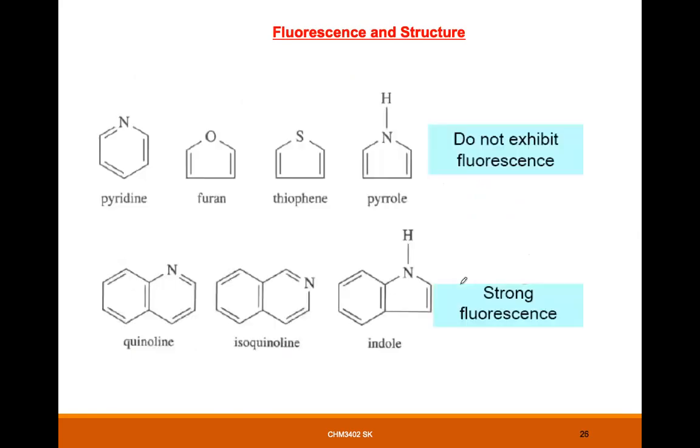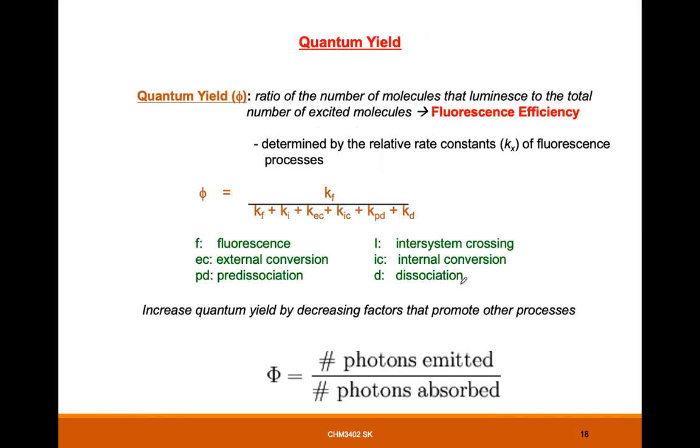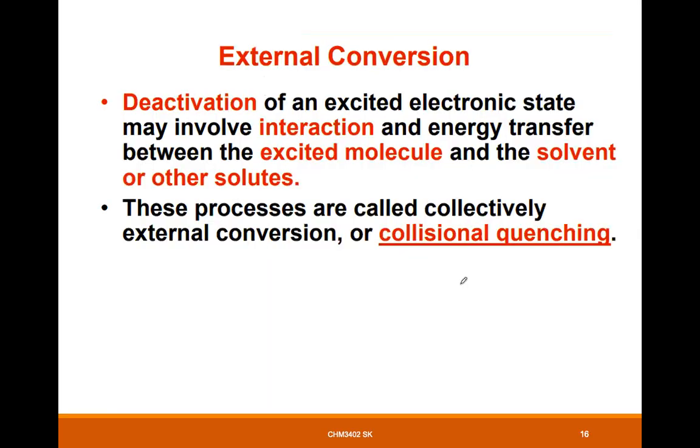So if you go back, what does it mean by external conversion, which I didn't discuss with you just now? The deactivation of an excited electronic state may involve direct energy transfer between the excited molecule and the solvent, which means that there is energy going out from the compound to the solvent or to any other interfering ions in the solution.